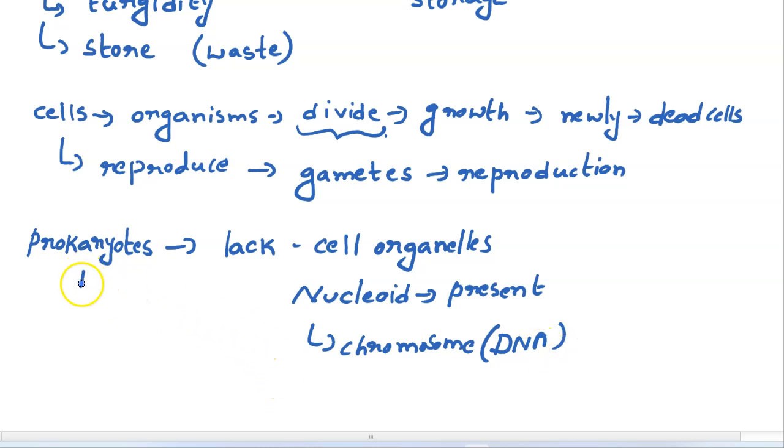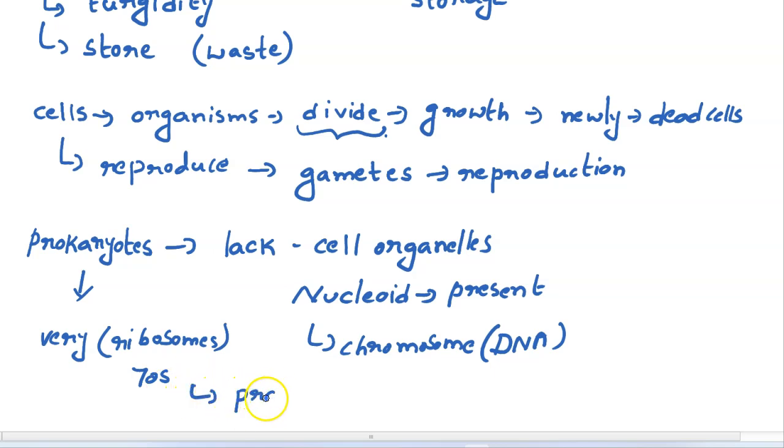Even in prokaryotes, we find very small minute structures, that is ribosomes. These are very small structures, that is 70S ribosomes, involved in protein synthesis, present in prokaryotes.